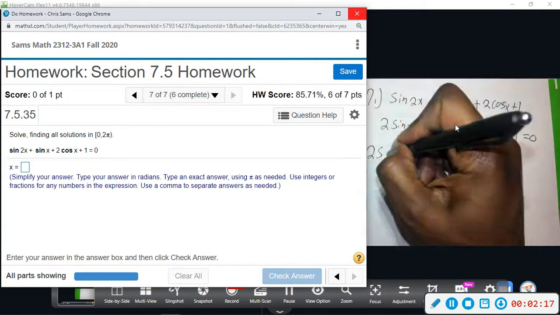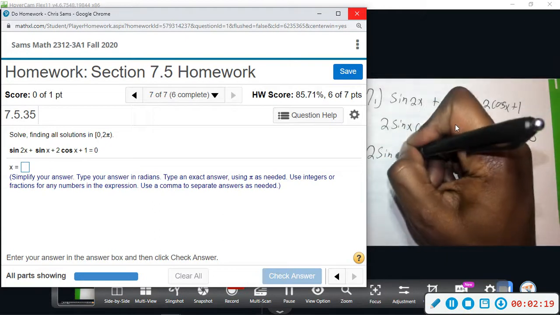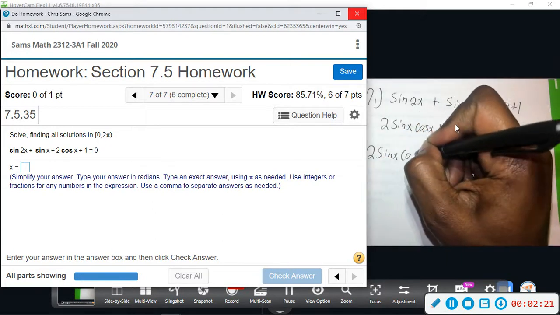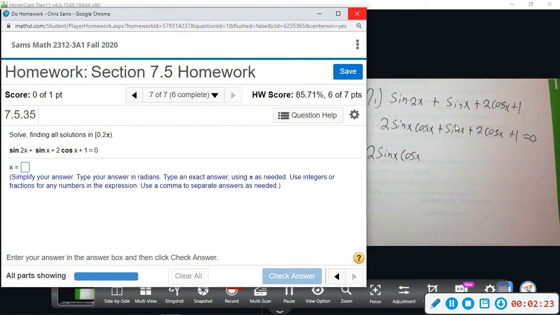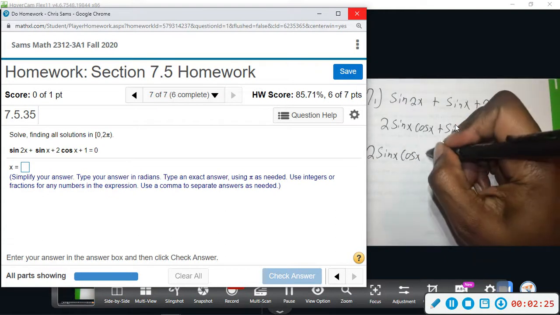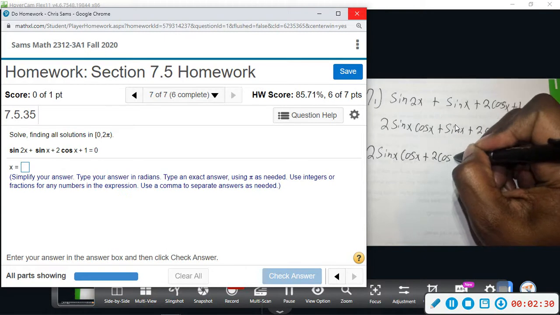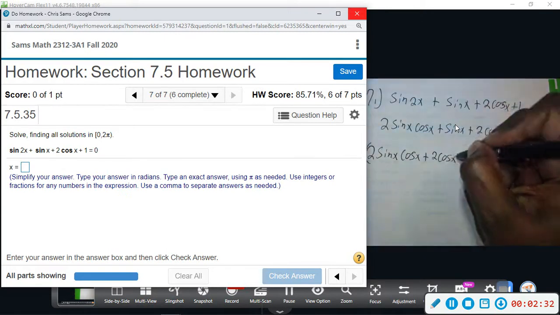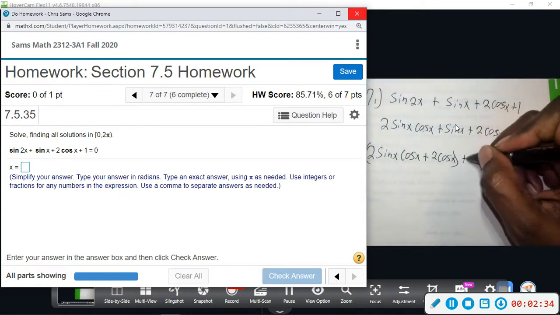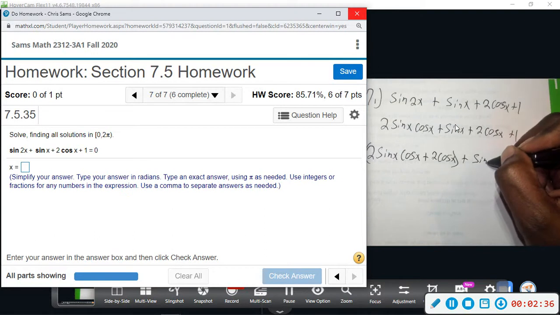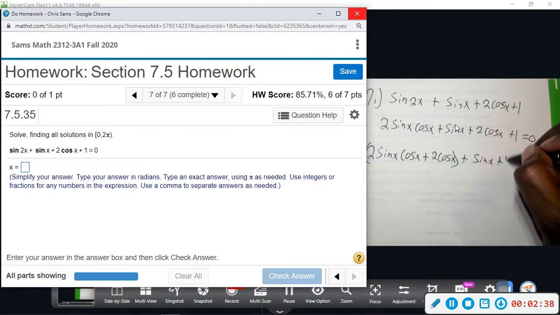2 sine x cosine x plus 2 cosine x. I'm going to group these two together, and then plus sine x plus 1.